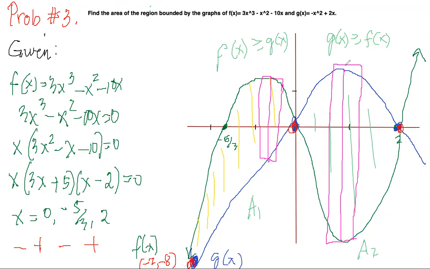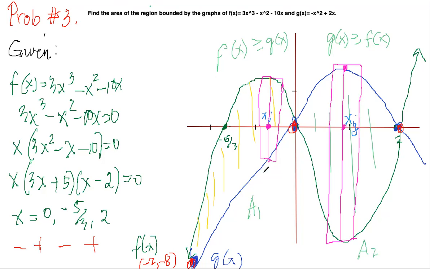Again, this is just the representation of all the infinite rectangular strips in a given area. So let's label. This is our x sub i, and this is our x sub j.